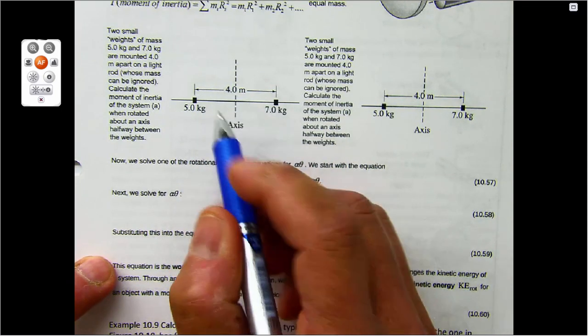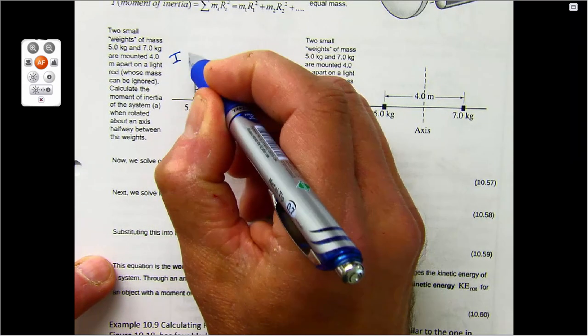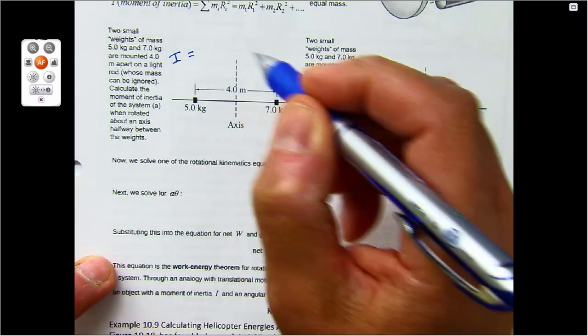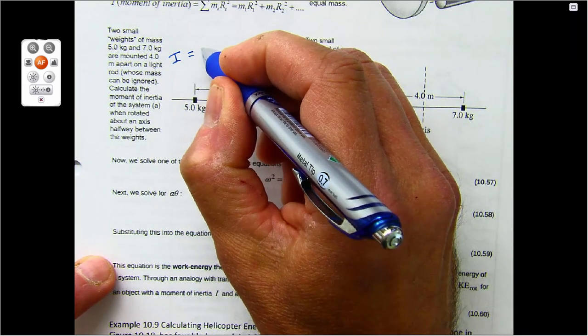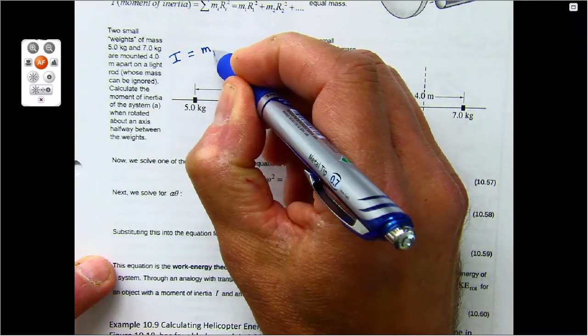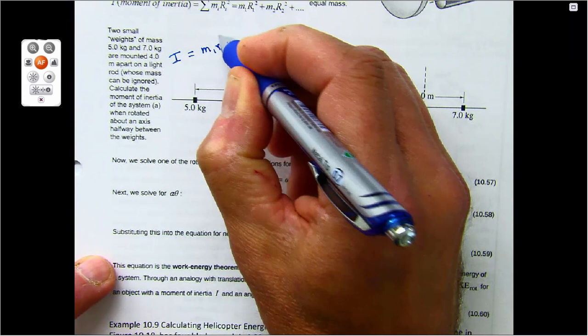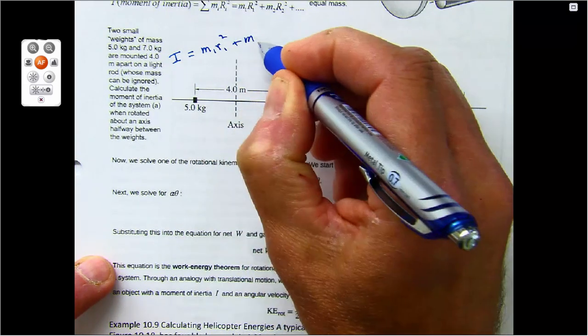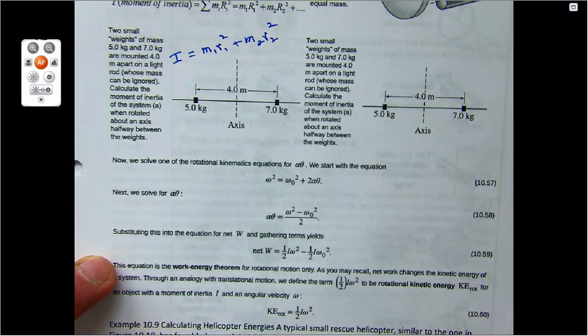So if we sum this up, this moment of inertia, if this is spinning that way, would be m1 r1 squared plus m2 r2 squared.